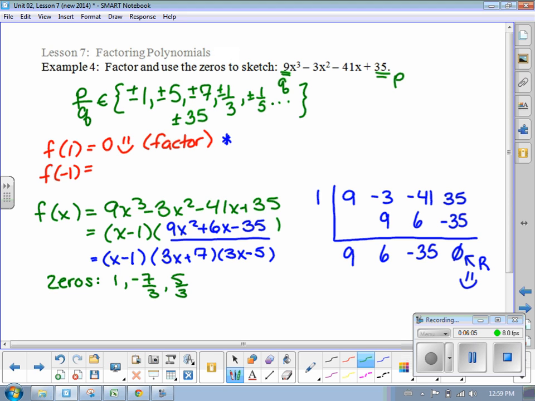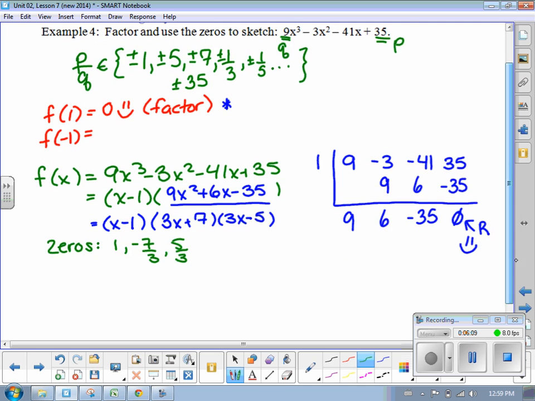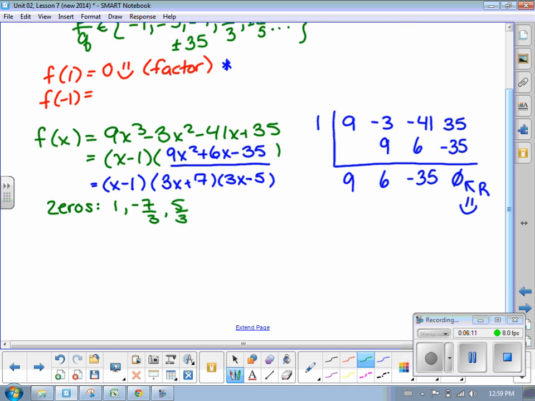And if you look at the original question, we were actually asked to sketch this. So we're going to put a really quick sketch here. So you have your 3 zeros.